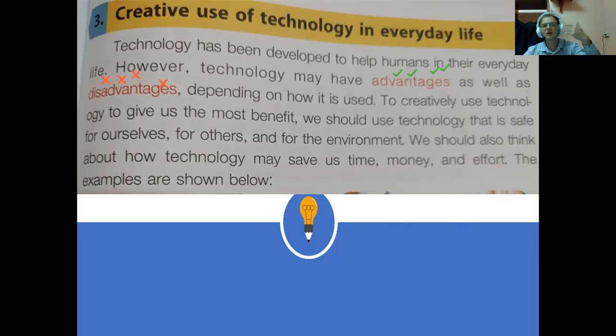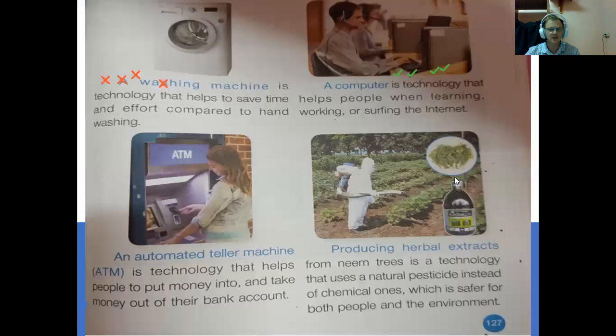Let's look at what they wanted to show us and see what are the ones they mentioned. So, first thing they mentioned is a washing machine. Now, a washing machine is an excellent invention because we used to spend hours and hours washing the clothes by hand.